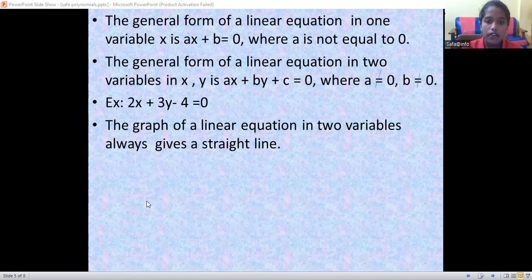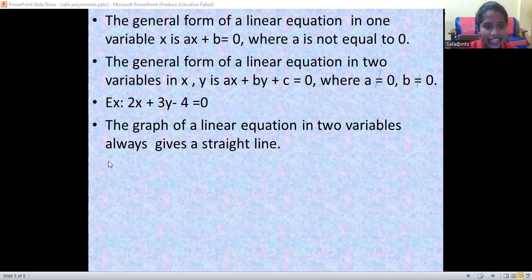And the general form of a linear equation in two variables x and y is ax plus by plus c is equal to 0, where a is not equal to 0 and b is not equal to 0.